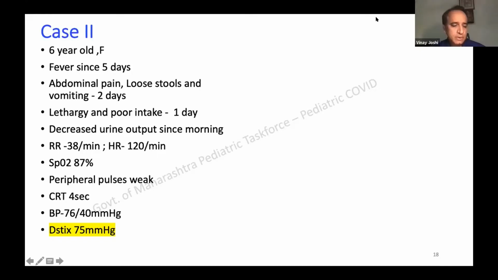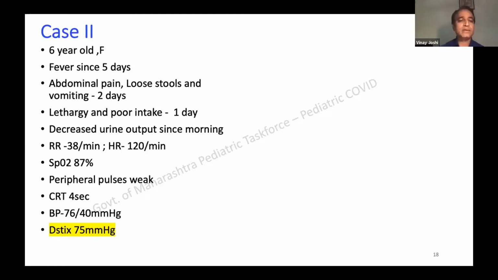So these were the presenting symptoms. As Dr. Sushma mentioned, we go by the PALS guidelines, and according to the PALS guidelines, first we evaluate, we identify, and then we intervene. On evaluation, the child was tachypneic, respiratory rate was 38 per minute, heart rate was 120, that is tachycardia, saturation was 87% in room air, peripheral pulses were weak with CRT of 4 seconds, and blood pressure was 76/40.